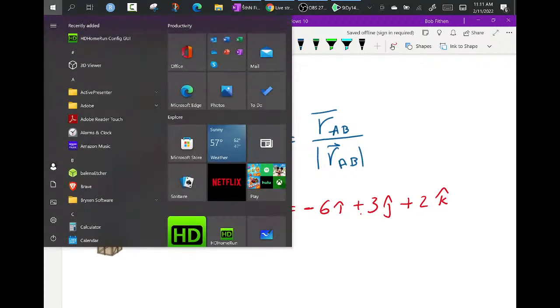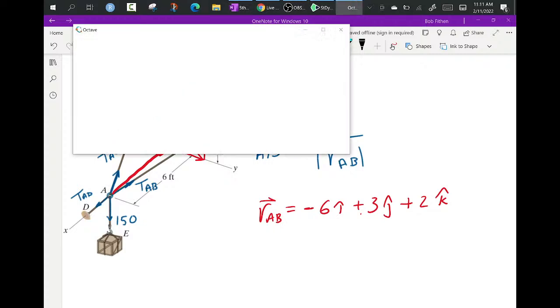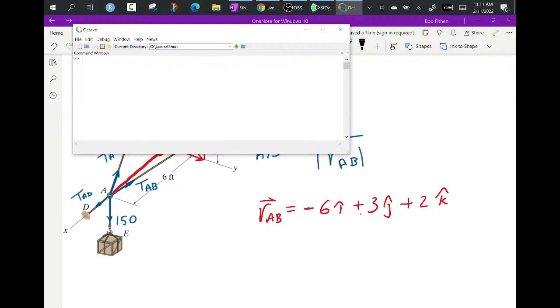One of the things I didn't start is Octave. So I'm going to do RAB is equal to minus 6, 3, and 2.